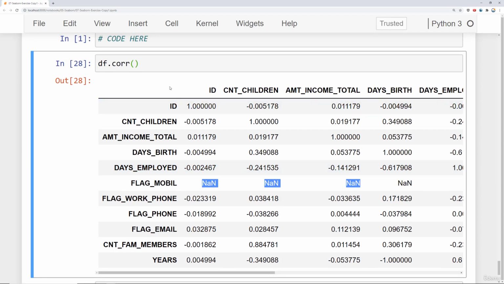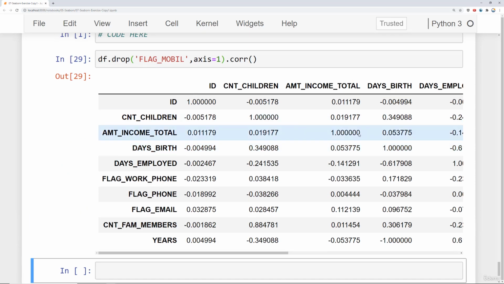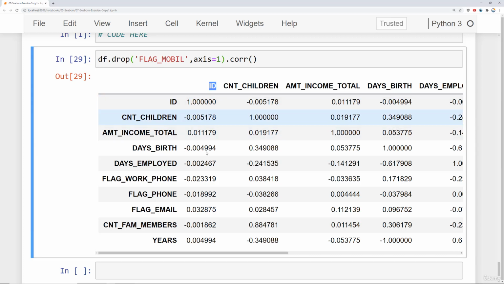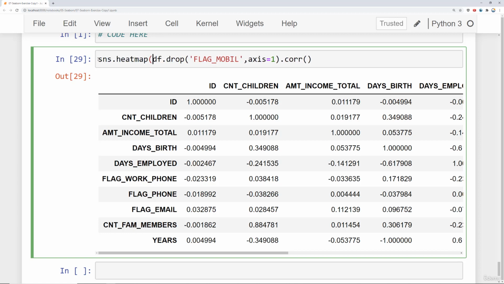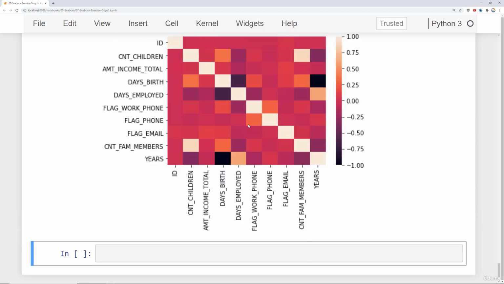So for that, we're simply going to say df.drop the flag mobile column. So we'll say drop flag mobile along axis equal to 1. And now we can see all these correlation values here. And we'll go ahead and include ones that kind of don't make sense, like the correlation of the ID. And then just say sns.heatmap, run that, and we get this heat map.